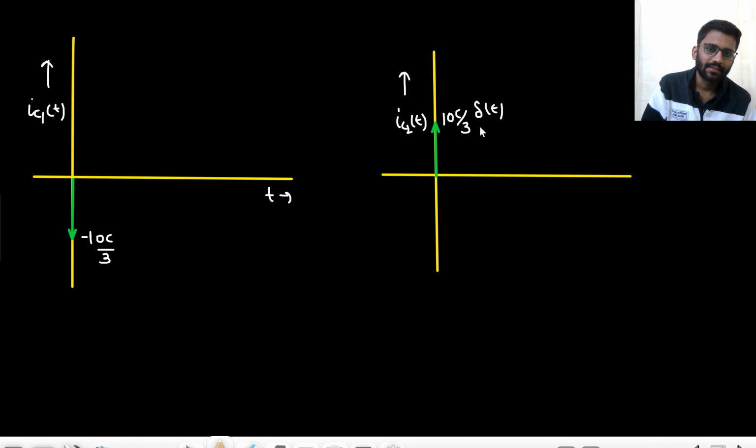Actually, this is not written like this. Here we don't write delta t. Here we only write the area. This shows the area of the impulse. So here we only write the area, we don't write delta t. This is self-understood that it will be an impulse only.